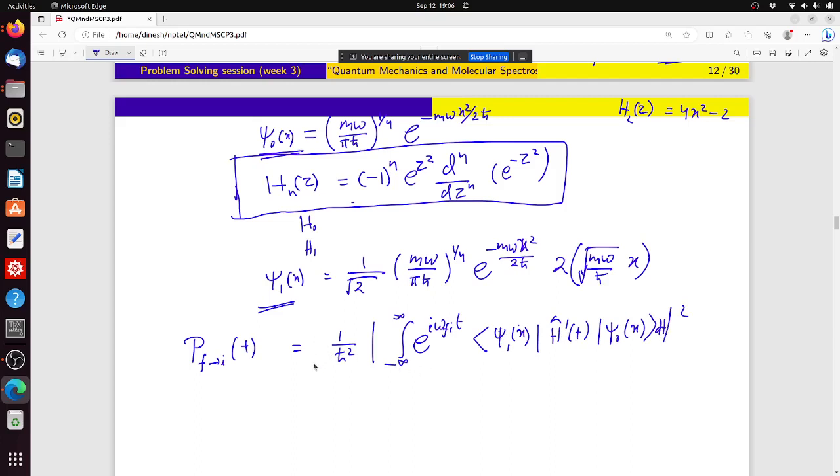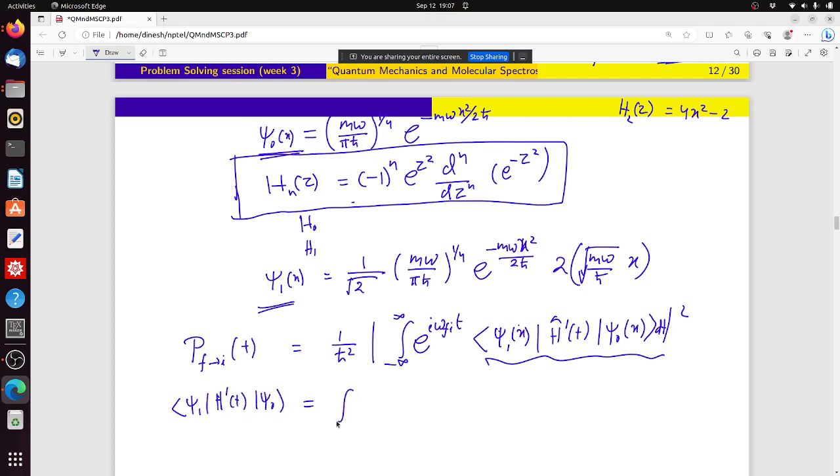Right, so now what you have to do is calculate this function. If you are bored, you can use paper and pen and calculate simultaneously with me. So this will give me psi 1 H prime of t psi 0.